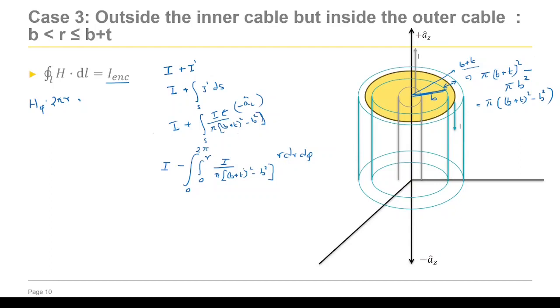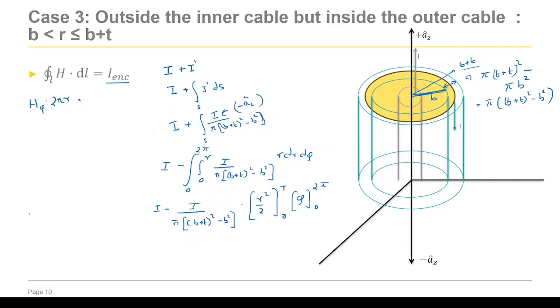Upon computations, we find that we need not bother about this term here. So we have the entire component I minus I divided by pi times (b plus t) the whole squared minus b squared, times the r integral, which is R squared by 2 from 0 to R, and the phi d phi integral, which is phi with limits 0 to 2 pi.